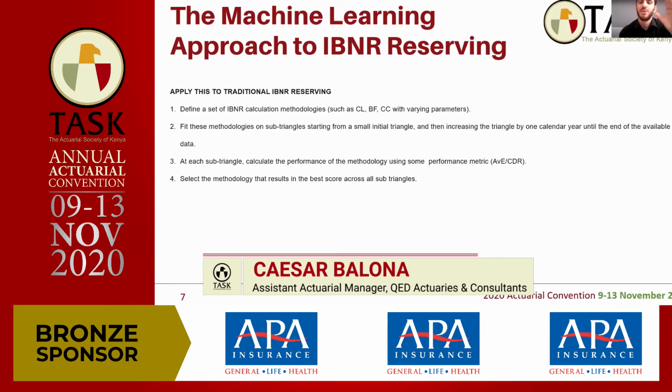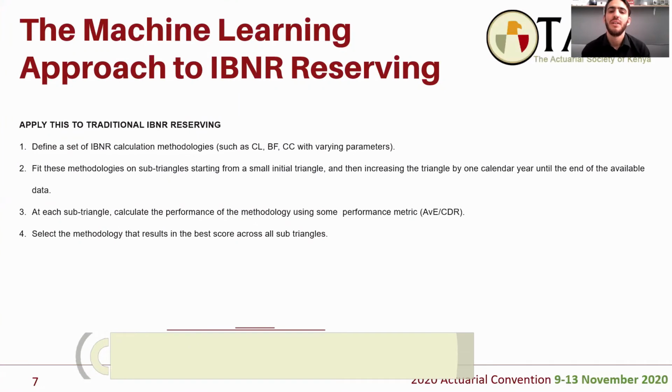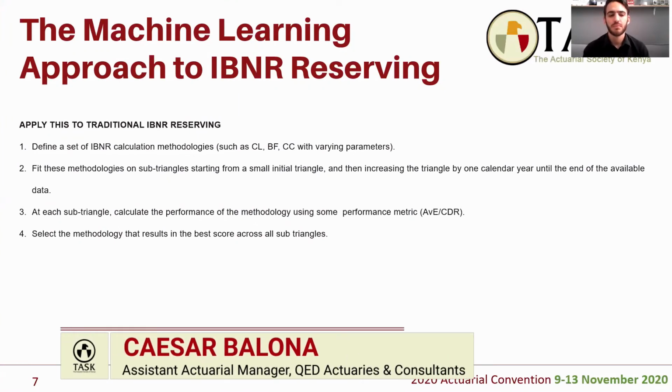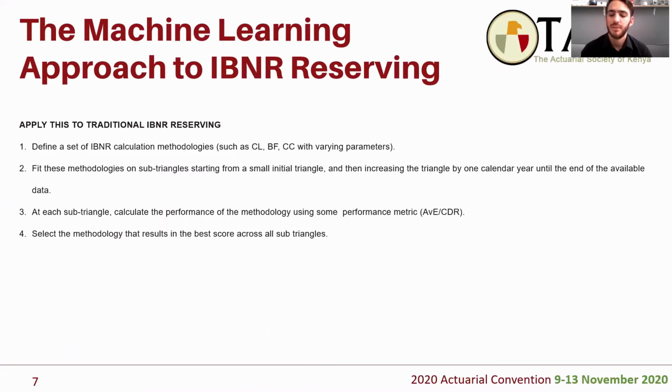And at each of these sub-triangles, we calculate the performance of that methodology and parameter on the immediate next calendar diagonal, using some performance metric, such as the AVE or the claims development result. And I'll touch on these metrics a little bit more. And we basically then select the methodology that results in the best score across all sub-triangles.